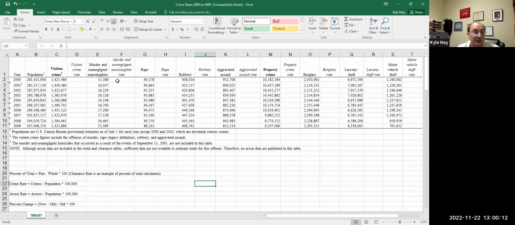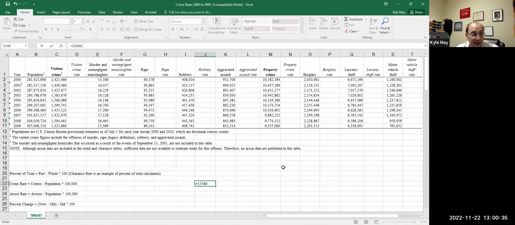So let's stick with that same number. The crime rate for homicide in 2000 was, and we'll put the number of crimes, 15,586, divided by the population for that area.